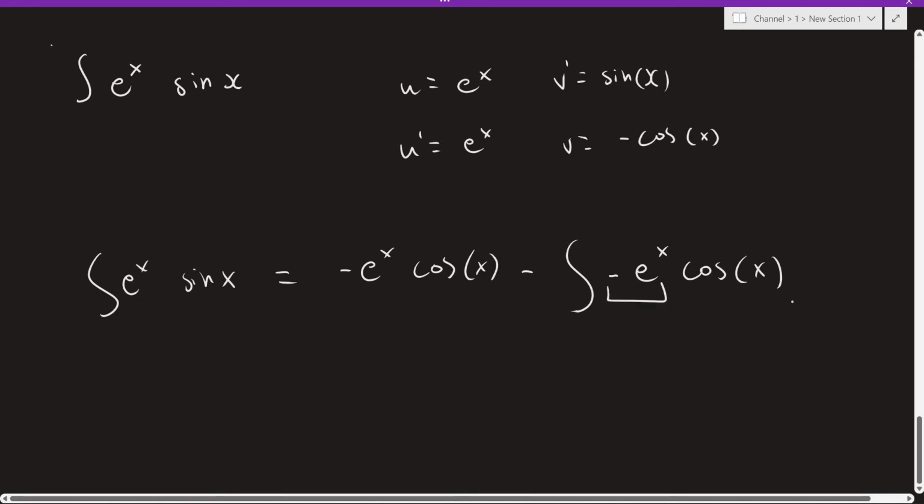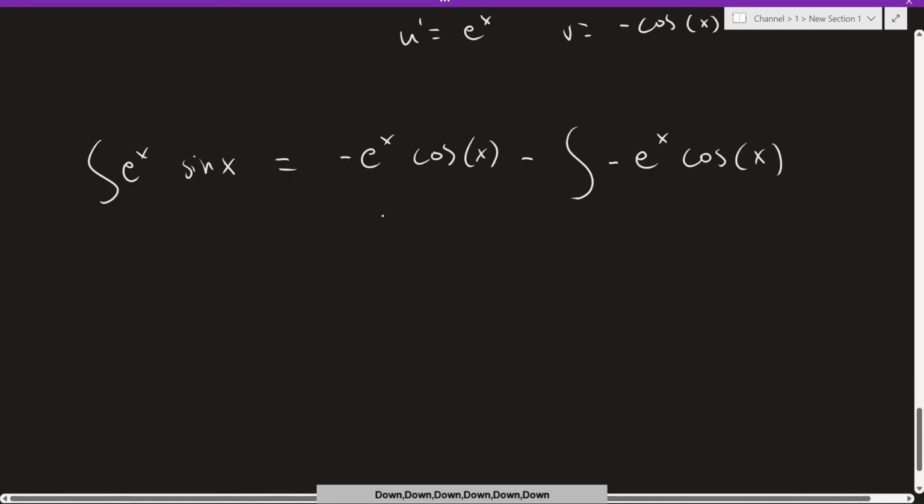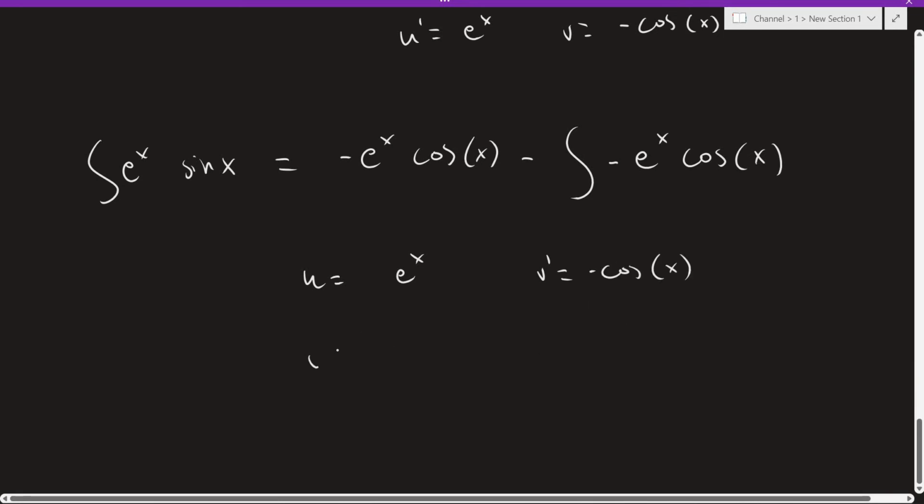We see again here two functions and we cannot simplify. So we apply the uv once more. So u will be e^x, while v prime is negative cosine x, because the negative belongs to cosine. So the derivative of e^x is simply e^x, while the integration of cosine, we know that the integral of cosine is sine, so it's going to be negative sine.